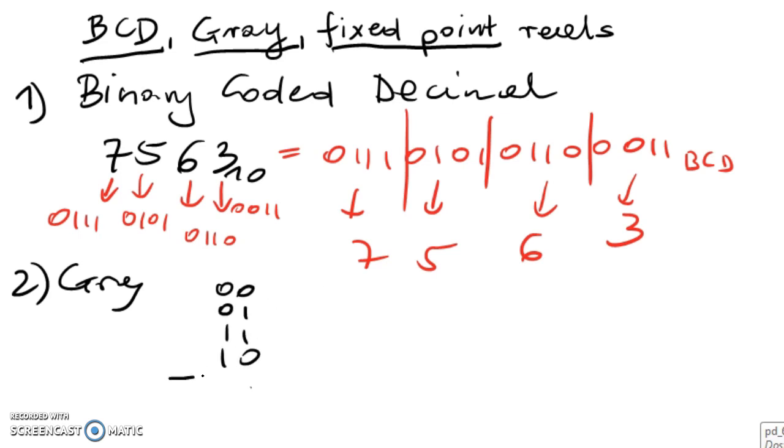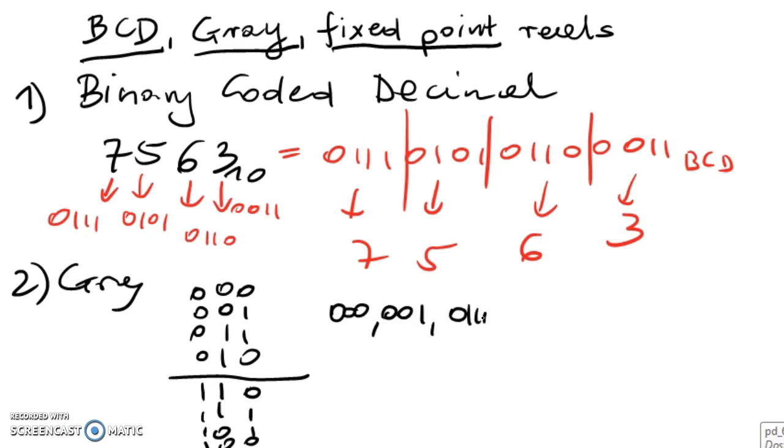If you'd like to get a 3-bit Gray code, you simply mirror the 2-bit Gray code, and then put half zeros and half ones at the position of the MSB, most significant bit, and you've got the Gray code, which is 0, 0, 0, 0, 0, 1, 0, 1, 1, 0, 1, 0, 1, 1, 0, 1, 1, 1, 1, 0, 1, and 1, 0, 0.